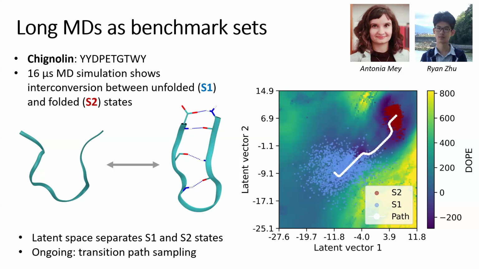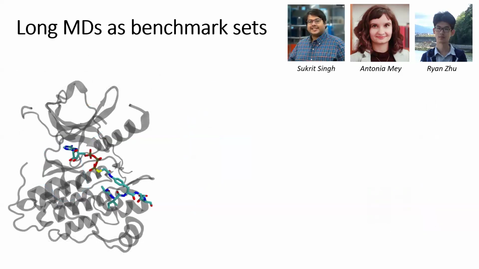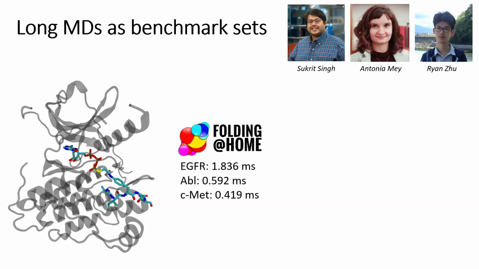The other thing we're doing, and that's work that besides Tony and Ryan also involved Sucrit at Sloan Kettering, is that through Sucrit we got access to very, very long simulations of several kinases run through the Folding@home network. That's an example of a kinase. We have several millisecond or half-millisecond long simulations.